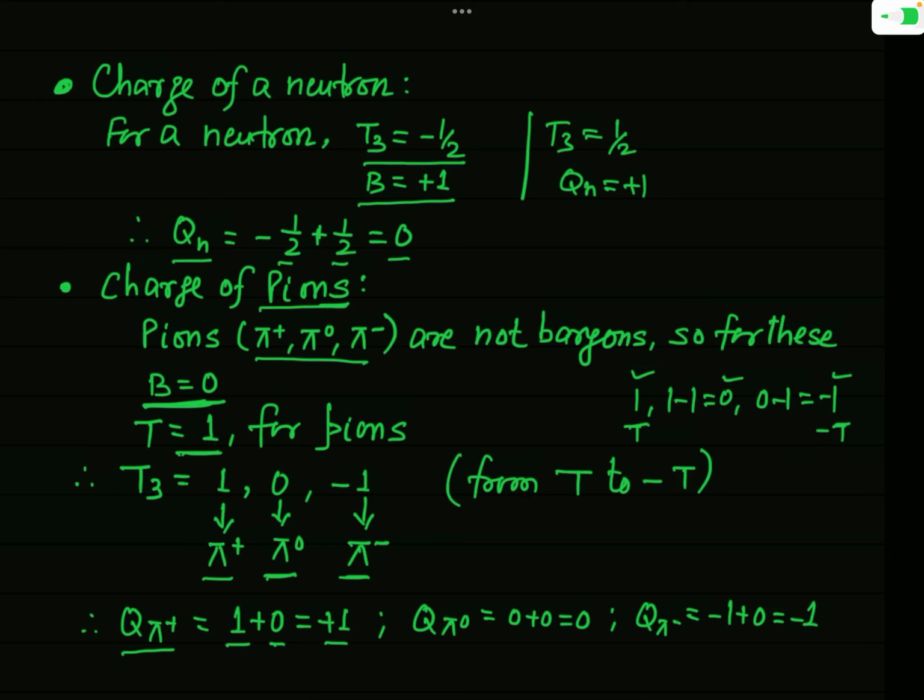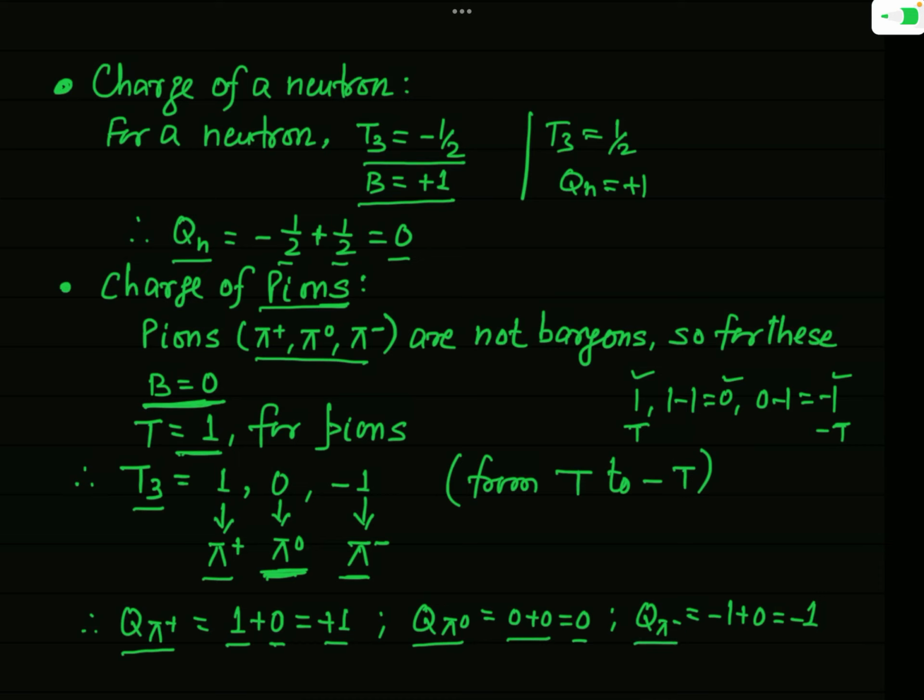that is plus 1. And if you want to find the charge of the pi 0 pion, Q pi 0, what will that be? For this, you can see that the value of T3 is equal to 0, and so Q pi 0 will be 0 plus 0, and that will be 0.